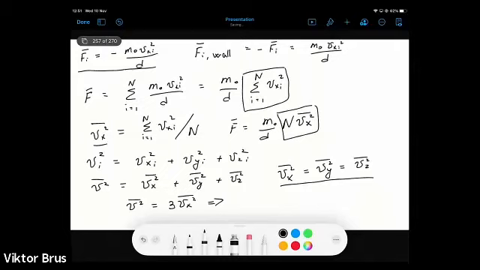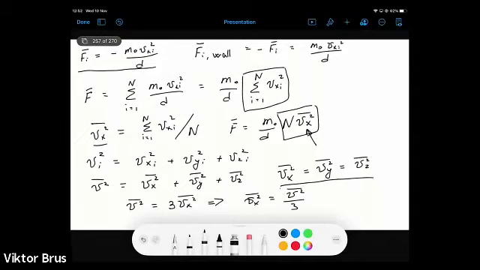And from here, we get that Vx square average, which is used in this equation for average force on the wall, we can express now this force in terms of velocity, not in terms of its projection on axis x. So average Vx square is equal to V square average divided by 3.